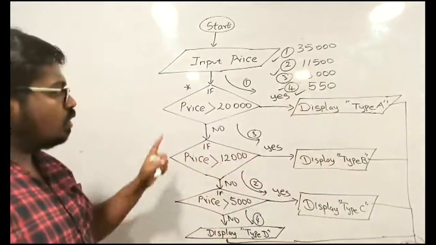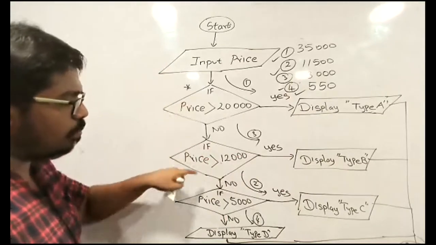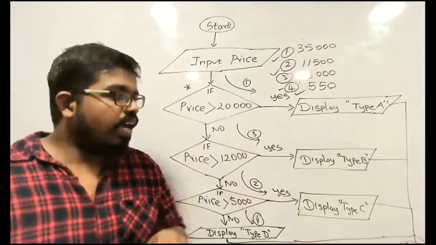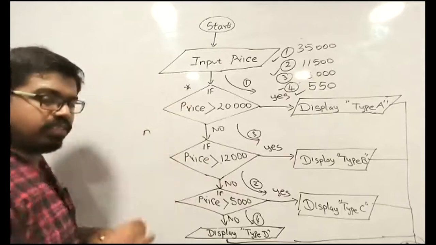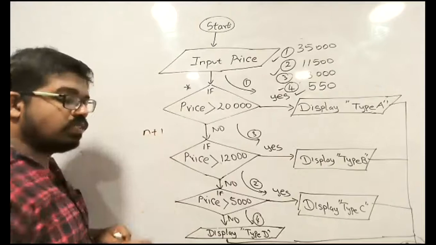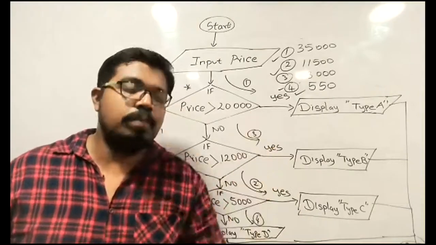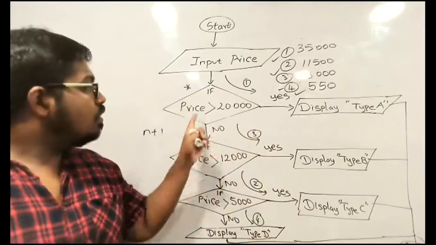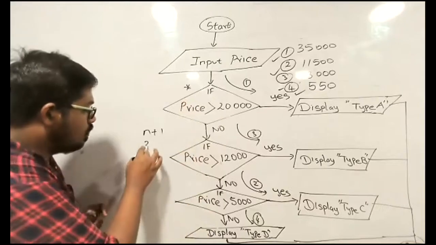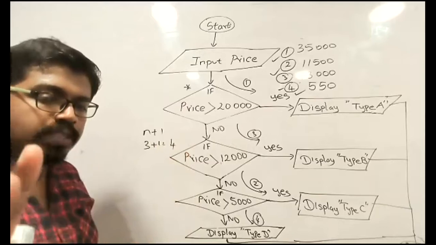Right? So when you consider this flow chart, we are checking n number of conditions. As I said early in our class, when you have n number of conditions, you can expect n plus 1 output types, not outputs, output types. Here there are 3 conditions, so n will be 3. So 3 plus 1, 4 output options available.